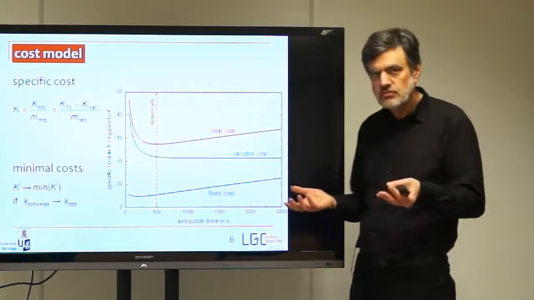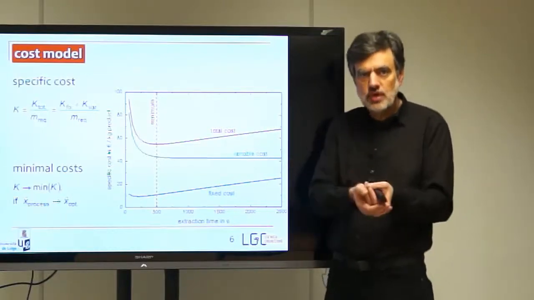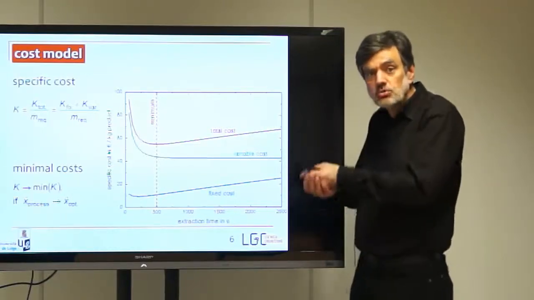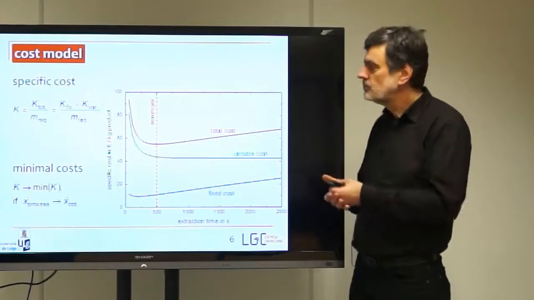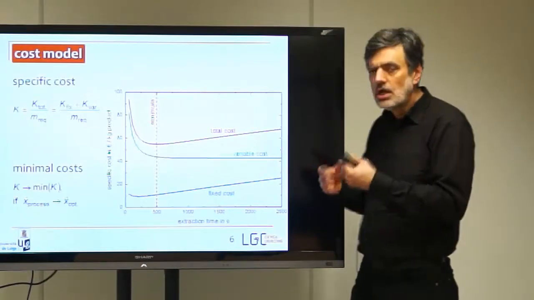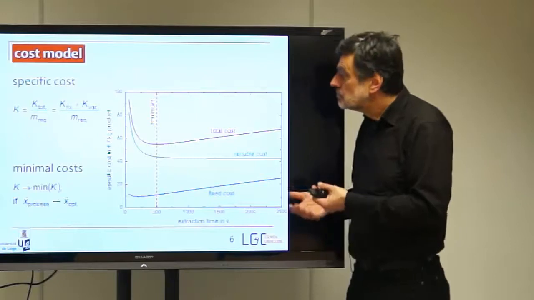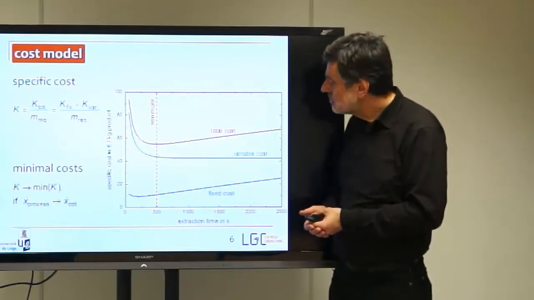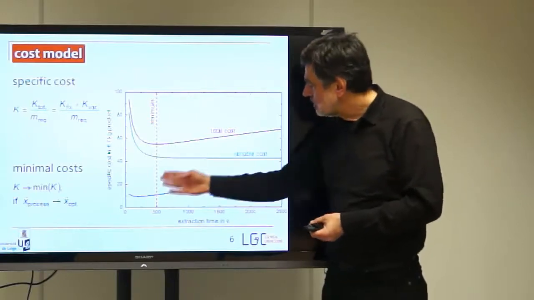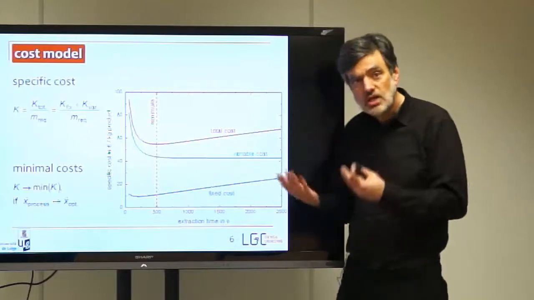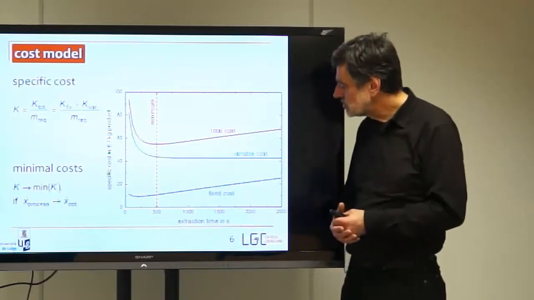Yeah? Now it depends, of course, which product you choose. Is it the extract itself, or is it the pure component you obtain after a further downstream process, for example? You can decide, of course, in principle, but the things look like this. You have on the one hand side the fixed cost as a function, for example, plotted here as a function of extraction time.